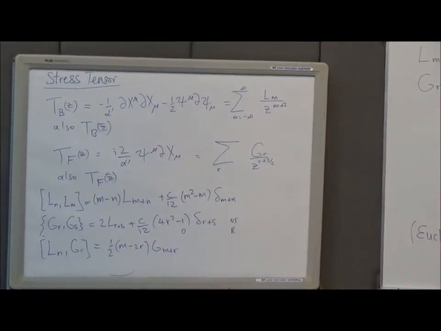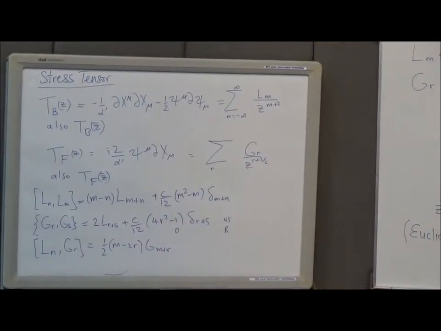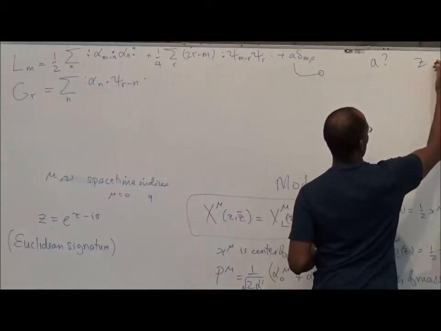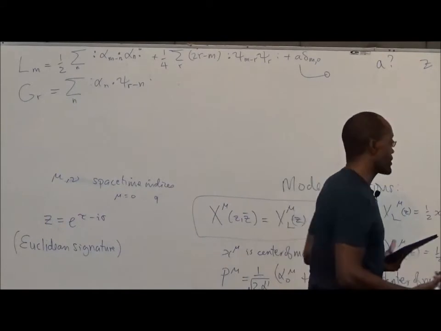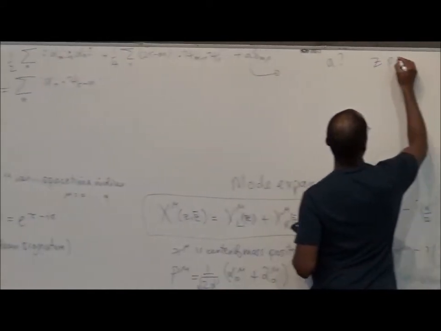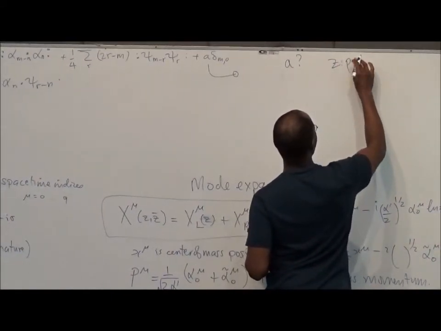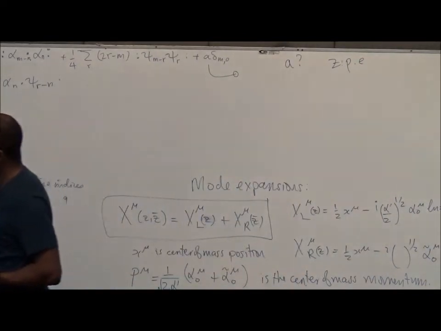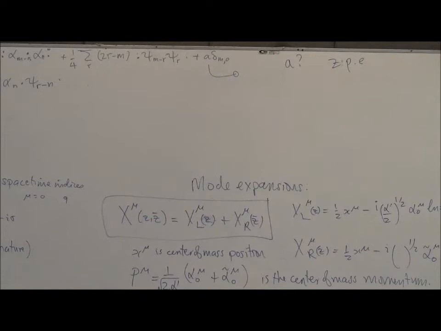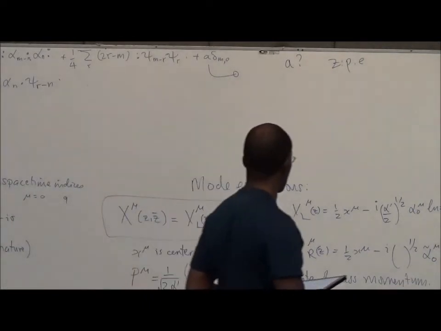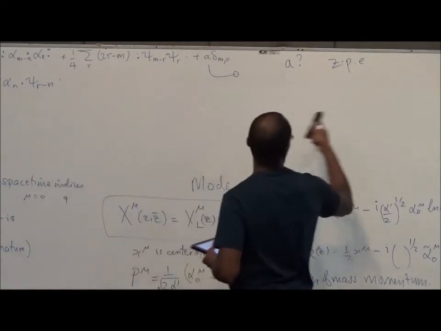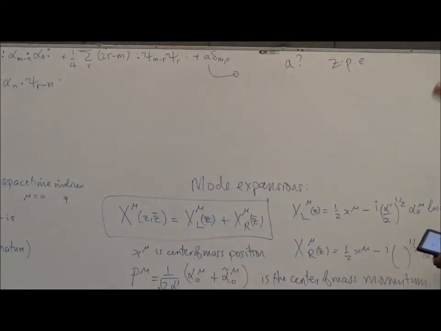So what is A? There are many different ways of thinking about it, but one simple way is to think of it as some sort of zero-point energy, some sort of Casimir energy on the cylinder, that the various sectors have.